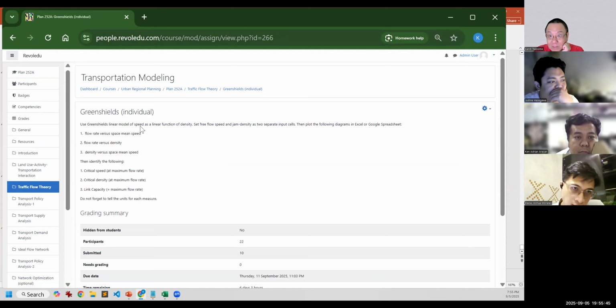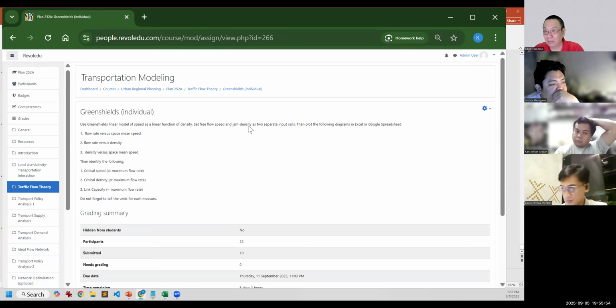Please use the Greenshields formula. You can set your own free flow speed and the jam density in two separate cells, and then don't forget to draw the diagram. The diagram I already showed in the slide. If your diagram does not look like that, it means something is wrong with your formula.